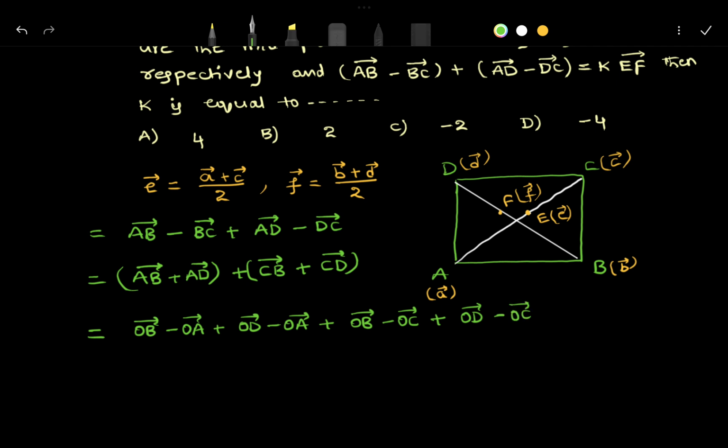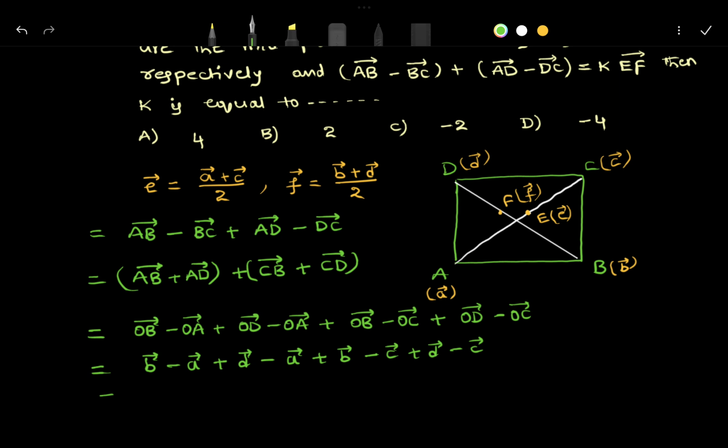What is the meaning of OA, OB, OC, OD? These are the position vectors of the vertices. So we already assumed this as b bar minus a bar plus d bar minus a bar plus b bar minus c bar plus d bar minus c bar.